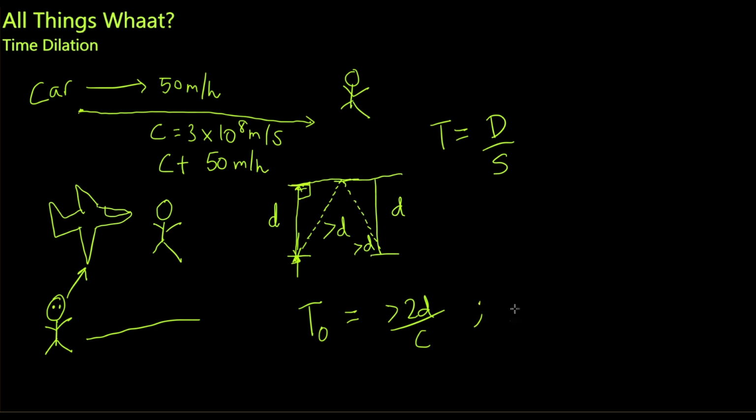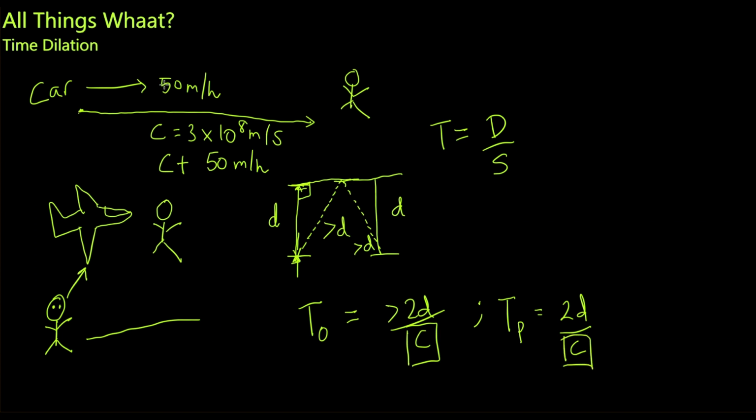And for the time for this person in the plane, we'll denote it with P for plane, it is really 2d divided by c. Now note that c is constant, right? So this c here is the same as this c.